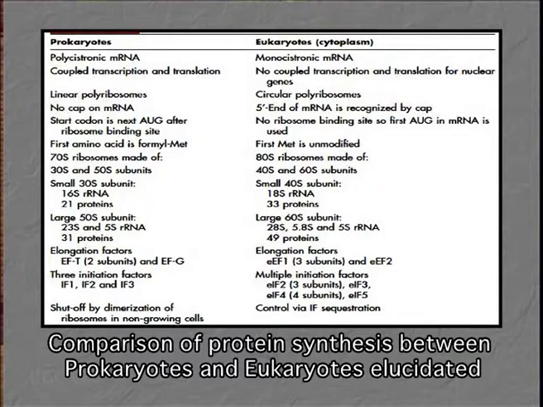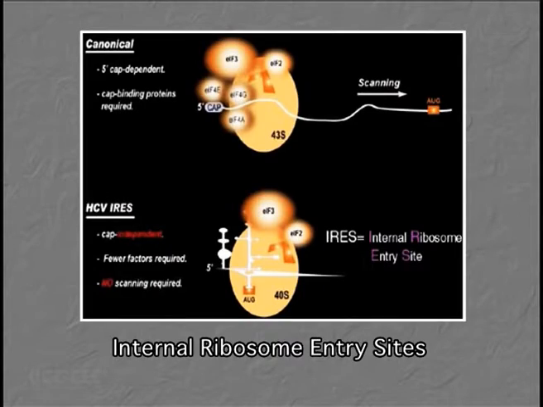So, after knowing about these basic differences, I would like to highlight a special feature which is present within the eukaryotic system, and that is called the internal ribosome entry site. Herein, internal ribosome entry sites are sequences which are present between the 5' UTR and the start codon.